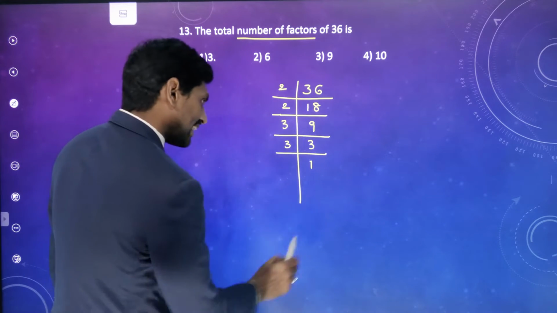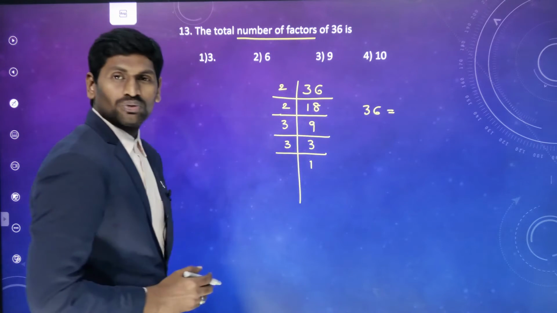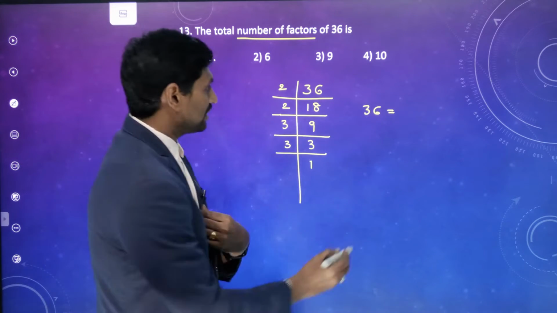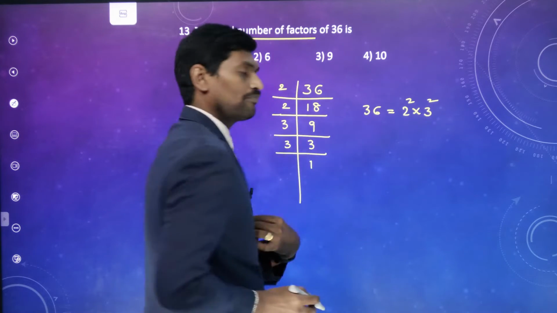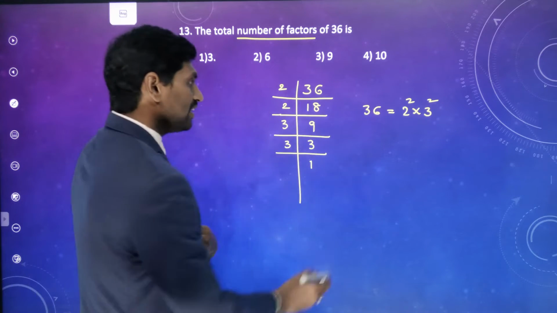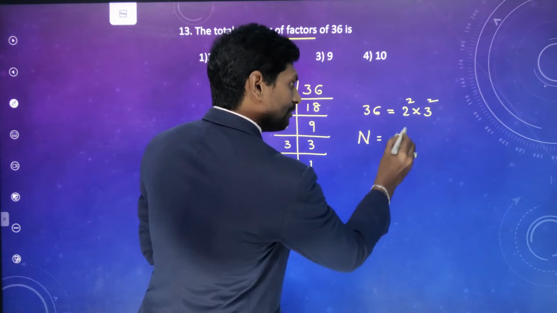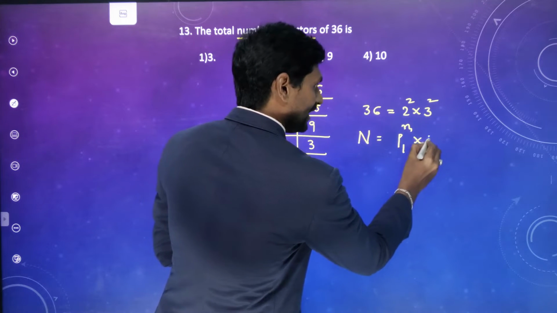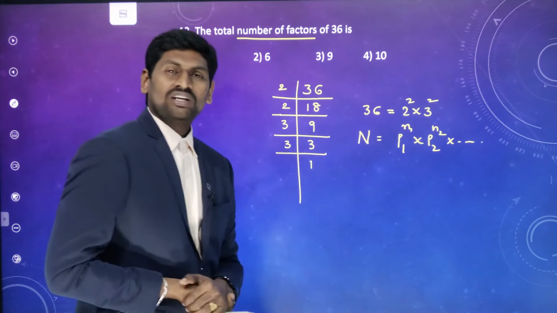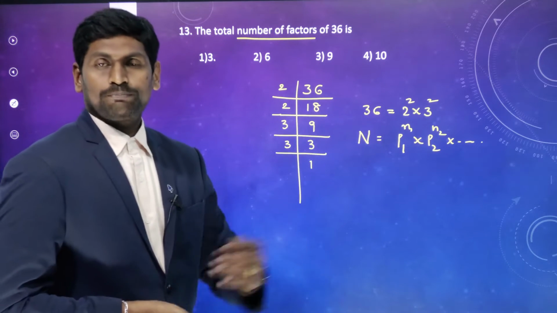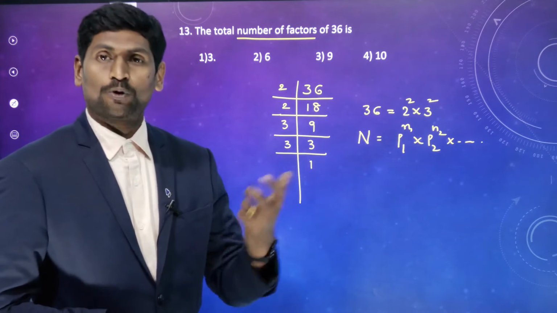So this 36 can be expressed as 2 into 2 into 3 into 3, that is nothing but 2 square into 3 square. And we know the formula that if any number is in the form of p1 power n1 into p2 power n2 and so on, where p1, p2 are prime numbers and n1, n2 are their exponents.